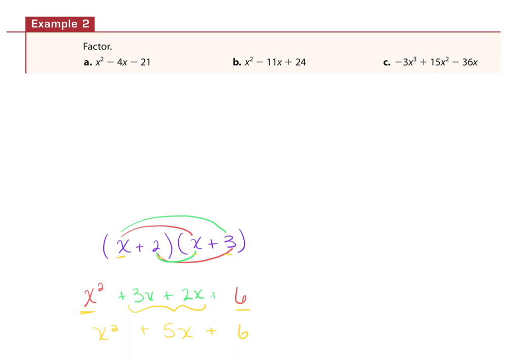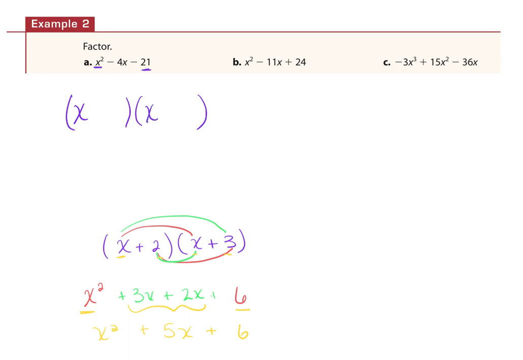Well, that's not what I need. So clearly I'm going to need 3 and 7, right? One's positive, one's negative, which means I'm going to subtract them and get a 4, right? Now I just have to figure out which one's positive and which one's negative. So if I were to unfoil this, my first terms are factors of x.